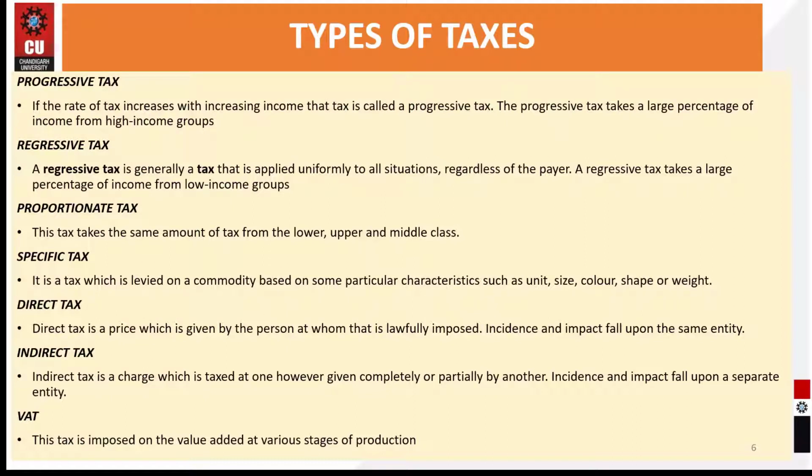Indirect tax is a tax which is imposed on one person but paid by another person. It means if the person on whom tax is imposed and the person from whose pocket money is going out are different, then that tax is indirect tax.